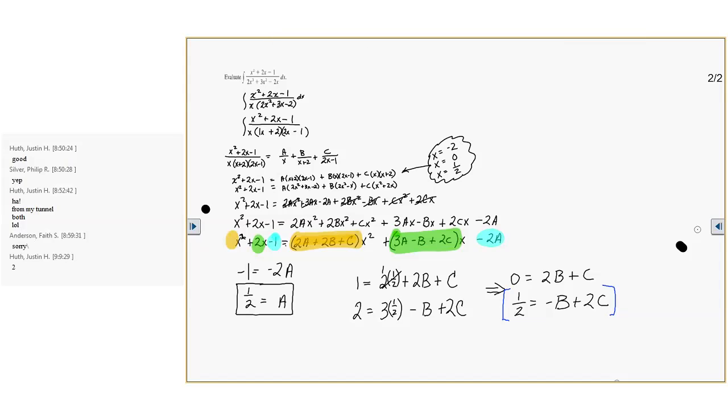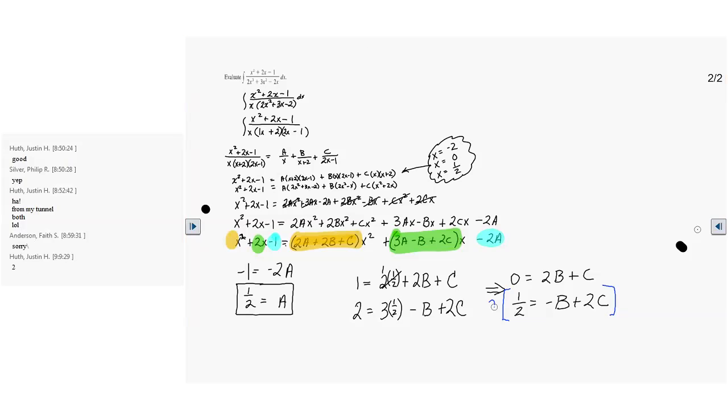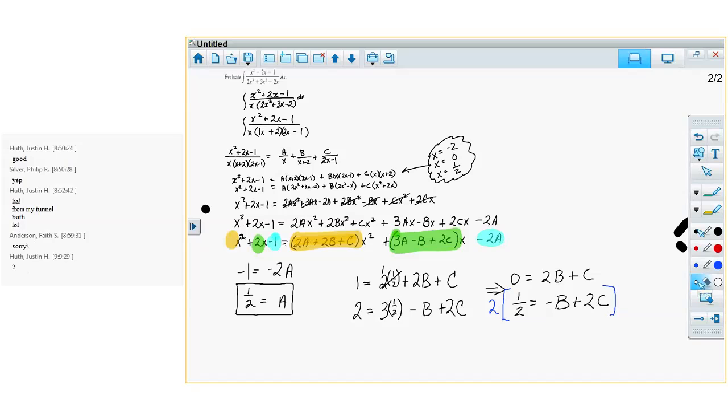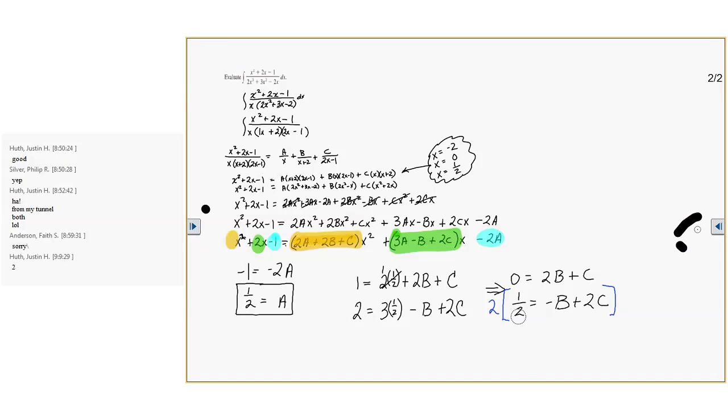Yes, we're going to multiply this by 2 so we can get rid of the b term. So I'm just going to rewrite this. That becomes a 2, and this becomes a negative 2.